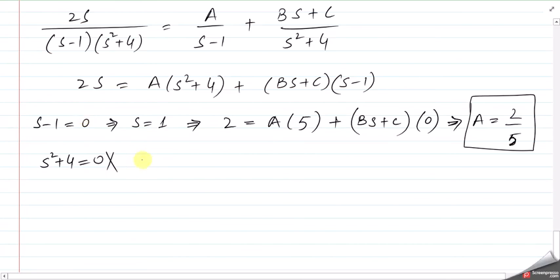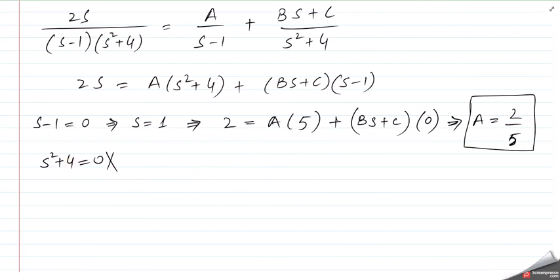If it was s square minus 4, then we could have factorized it, s minus 2 and s plus 2, here in the top. But it is not s square minus 4, it is s square plus 4, so we cannot factorize, so we cannot put it equal to 0.